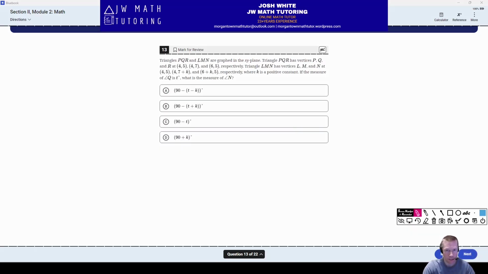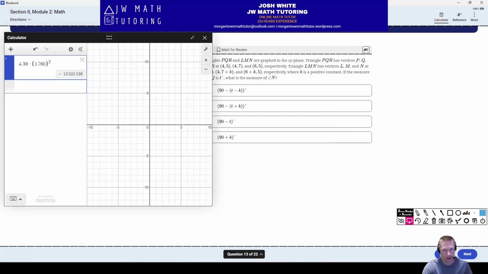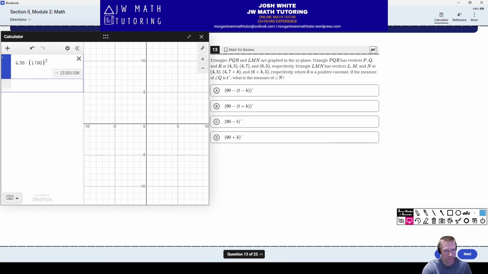Next up, question 13. Okay, here we have some triangles, and I'm actually going to graph this out in Desmos just to represent it visually to make it easier to understand. So let's go there. All right, and let's start off with some points.